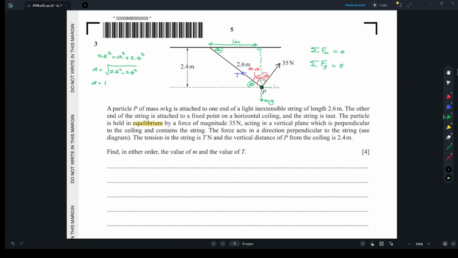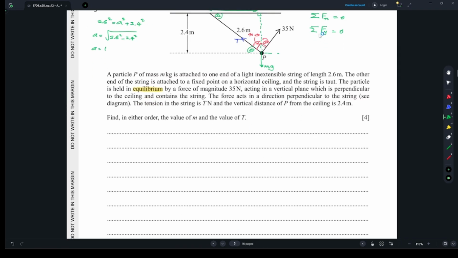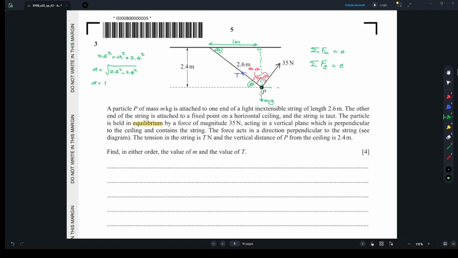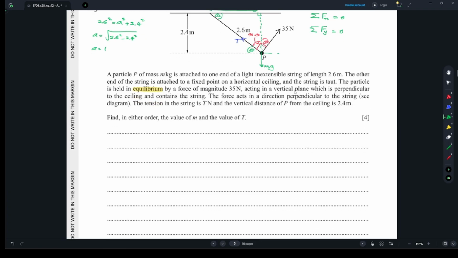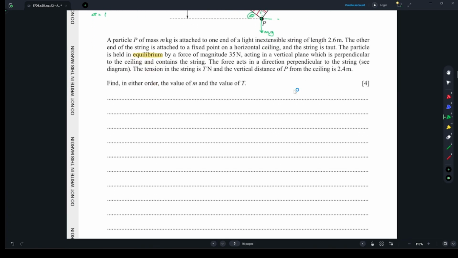In this case, we don't need to consider the moment. So if you consider horizontal forces, we can simply neglect the contribution by the weight of this one. So I will start with that.